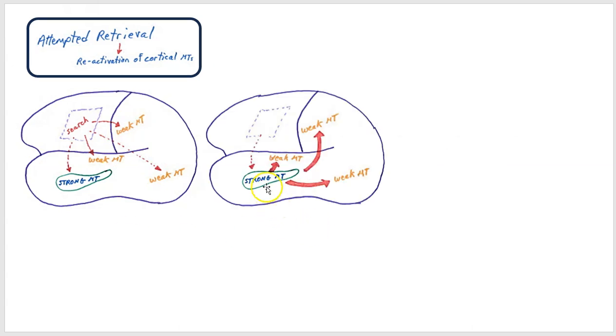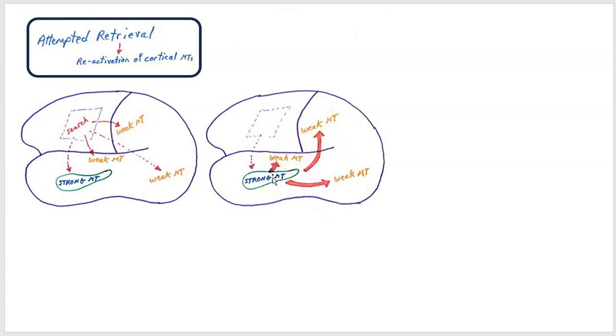So here we go. Somebody asked us a question about what we were just studying. It does successfully activate the strong hippocampal memory trace for that study information, and then the activity will be sent up to the cortical memory traces. Remember, there's a two-way connection between the cortex and the hippocampus. So here the hippocampal memory trace is being used to reactivate, right?